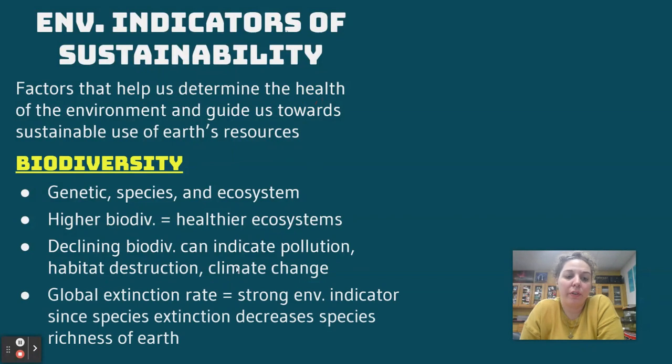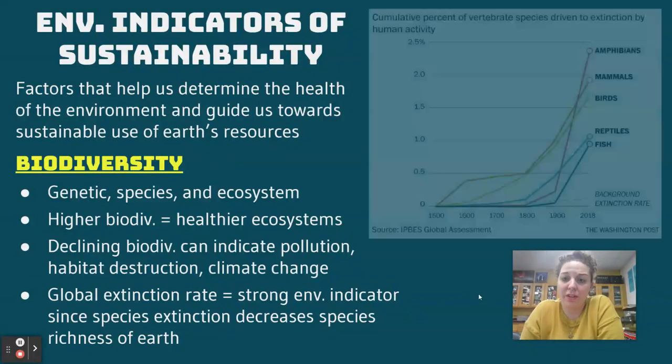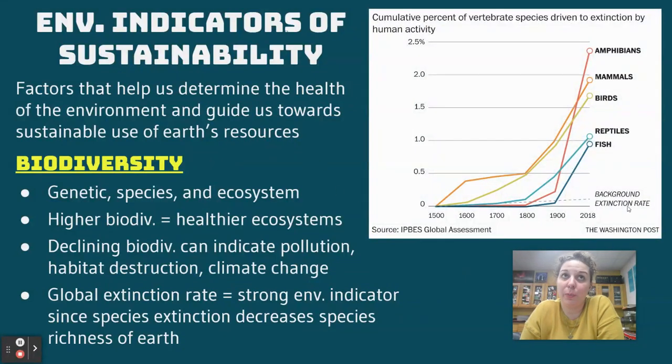One good piece of data we can look at to determine this is the global extinction rate. That's a very strong indicator, since species extinction decreases the species richness on Earth. This little dashed line is the background extinction rate, and pretty much everything we are measuring right now is much higher than that background extinction rate.